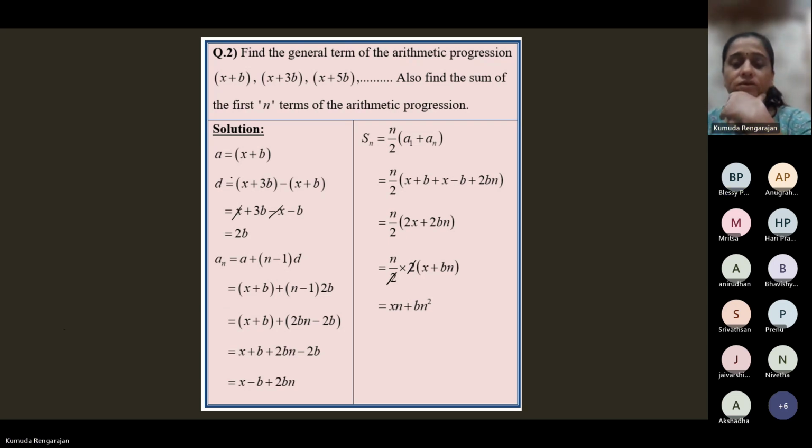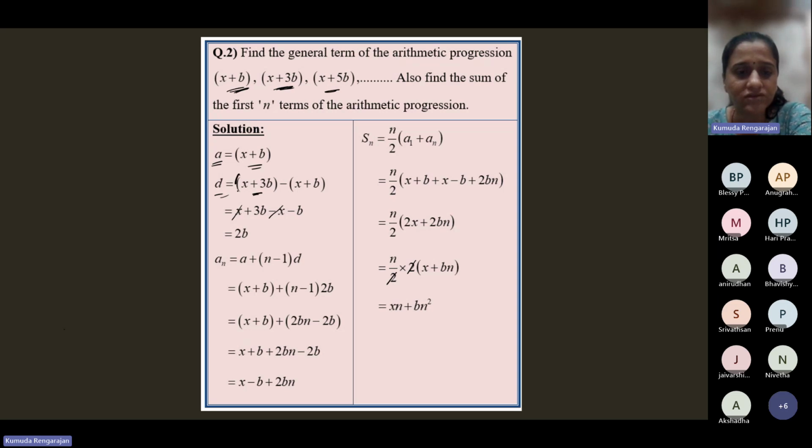So as we have understood, you must always keep the values or the expressions for a and d ready. So a, the first term, is x plus b, and the common difference is the second term minus the first term, or the third term minus the second term. So be careful with that.